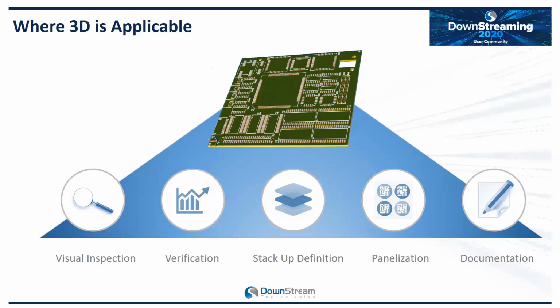Stack-up definition, whether it's a simple two-layer board or a very complex multi-layer board with blind and buried vias and back drills, the stack-up visualizer had a lot of benefit there when using 3D. Because we're modeling the PCB, we also felt that could be extended to model the PCB panel for production. And finally, we felt that 3D had applications in documentation, not to replace 2D documentation, but to augment it with more information using 3D models.